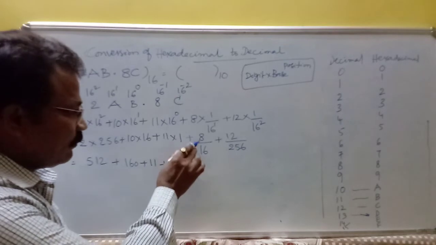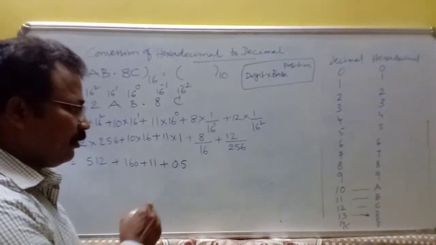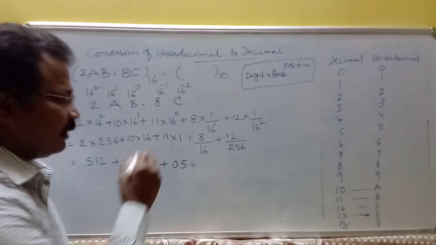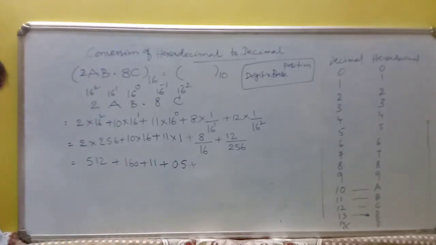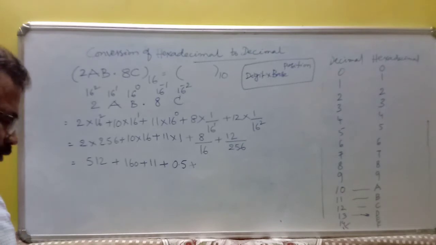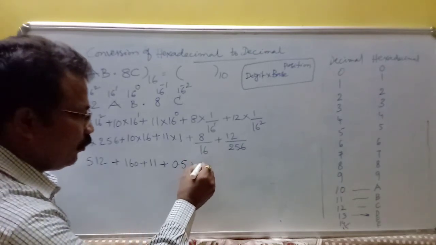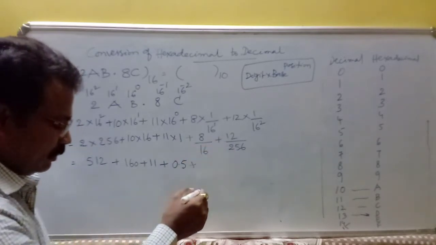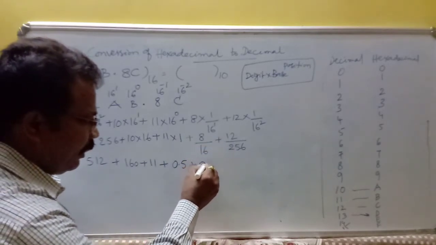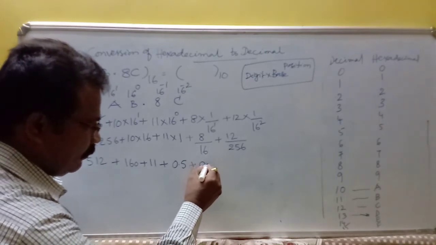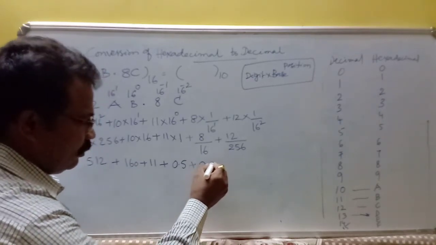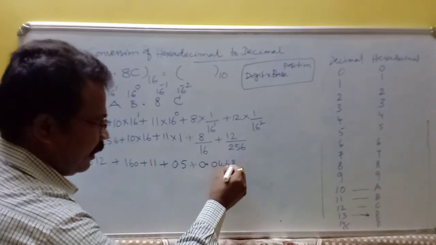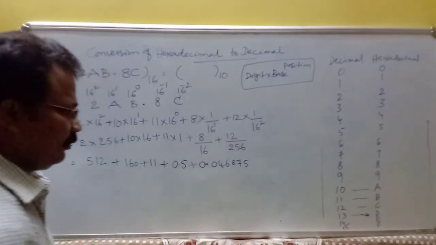Plus 12 by 256. While simplifying, 12 by 256 means 0.046875.